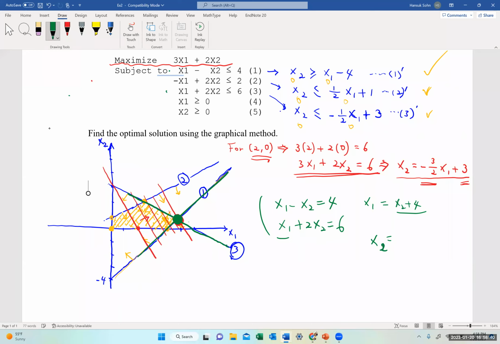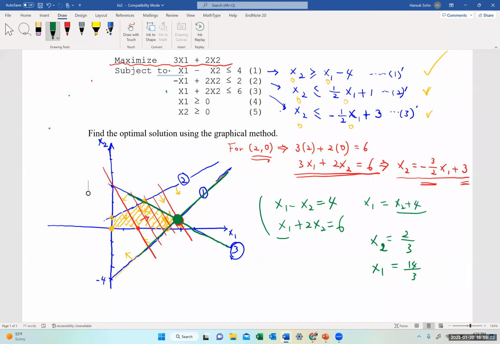How much is that? x2 is going to be 2/3, right? And then how about x1? x1 is going to be 14/3.